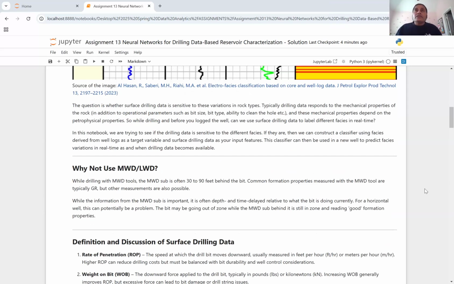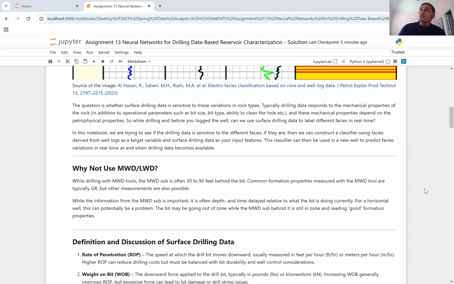Well, if you think about a measurement while drilling or LWD sub, they're typically placed about 30 to 90 feet behind the drill bit. And so the information that they are reading is going to be delayed with respect to what the bit is currently doing. And the information that they relay up to the surface is also going to take some time.